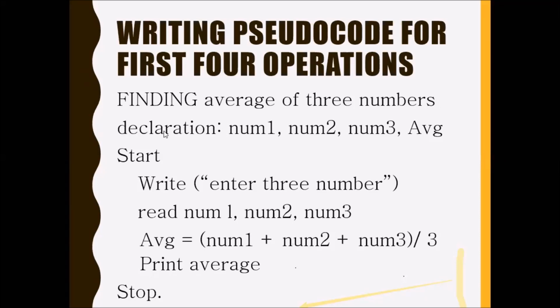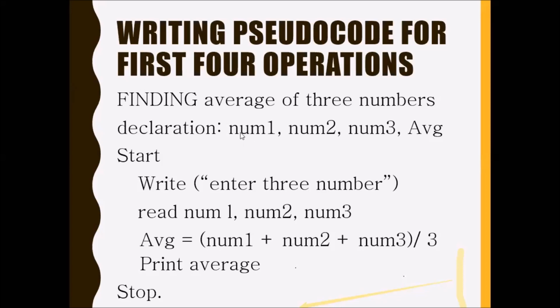Here we have our declaration. We're listing the variables that we're going to use in this algorithm. We have 4 variables, num1, and as we said before, if the 1 was at the front, it would be incorrect. So 1num, 2num, 3num, wrong. Your variable name cannot start with a number.